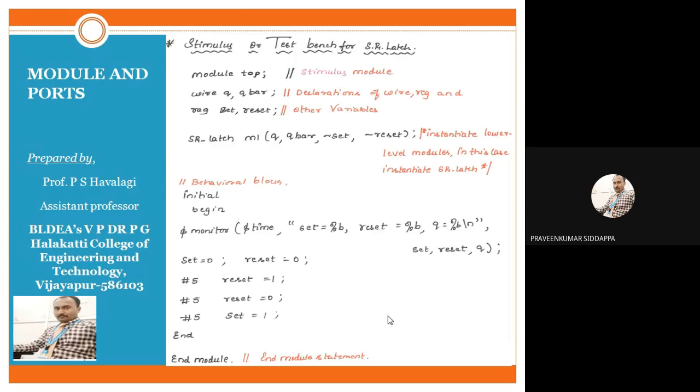I have used dollar monitor. If you want to monitor the inputs and outputs, then you should write it. If you don't want to monitor them, you can leave it, no problem.